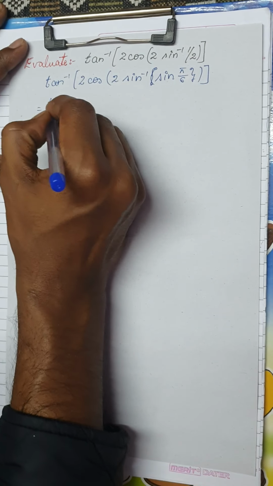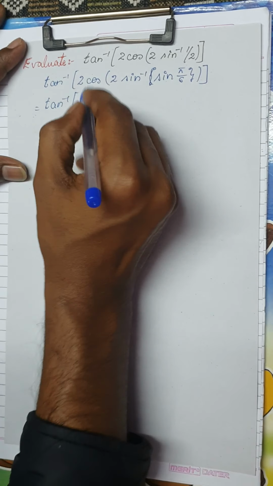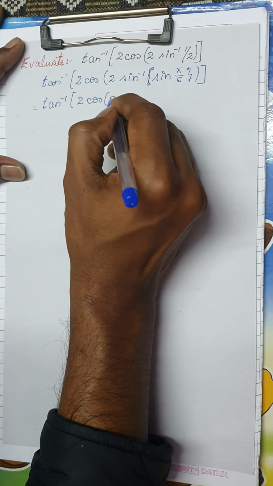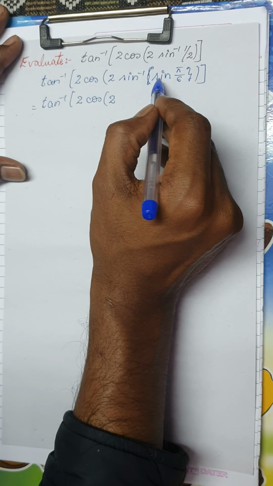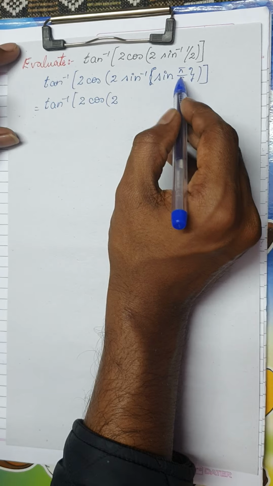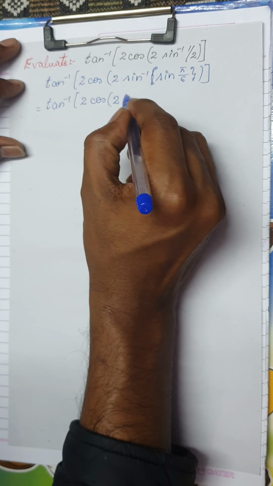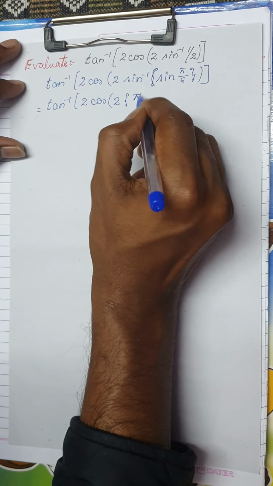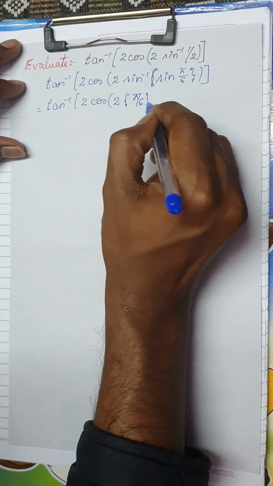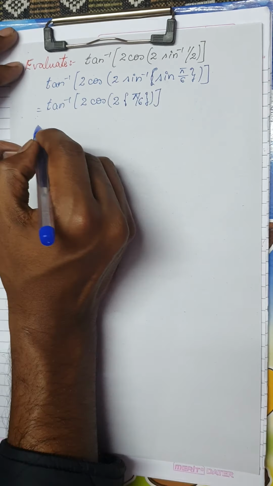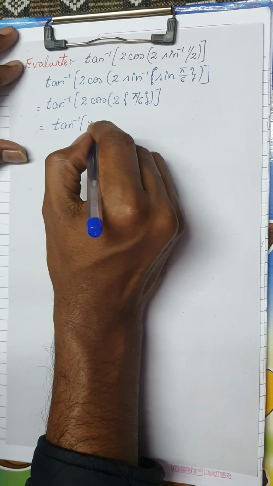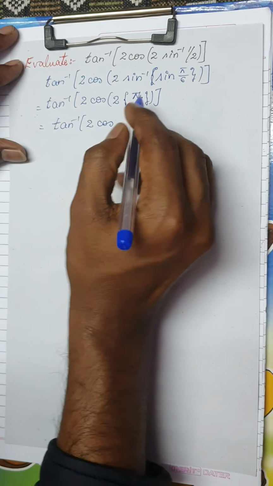Now tan inverse will be kept aside, 2 times cos of 2 into, now sin and sin inverse get cancelled because this is in my range, the closed interval minus pi by 2 to plus pi by 2. So I am going to get 2 into pi by 6.